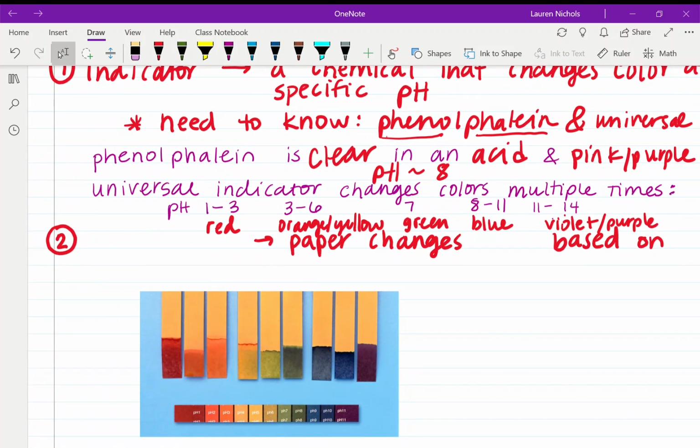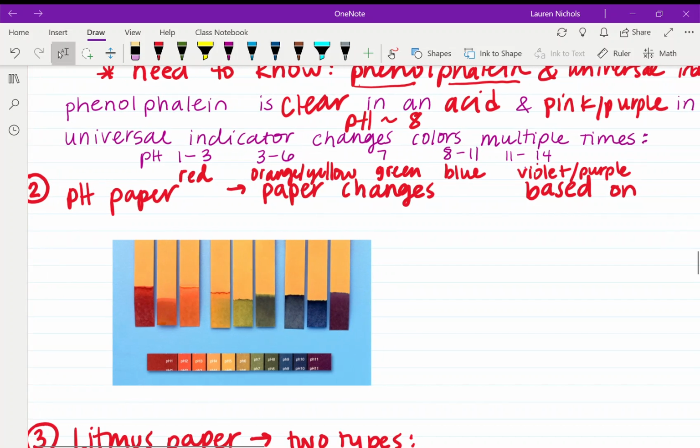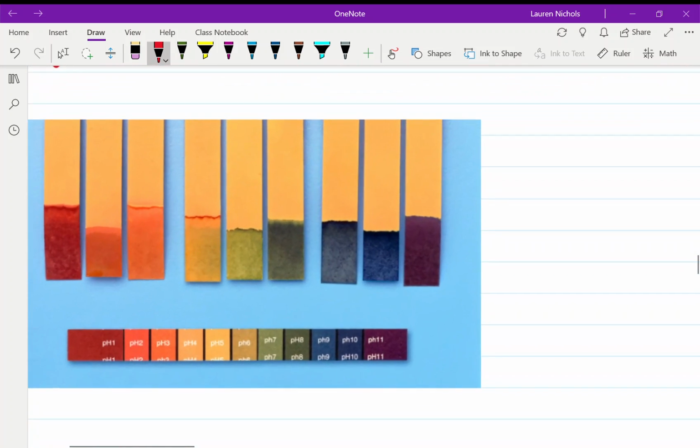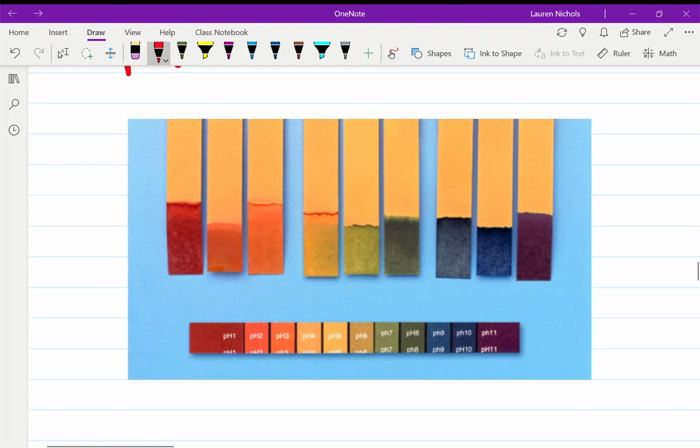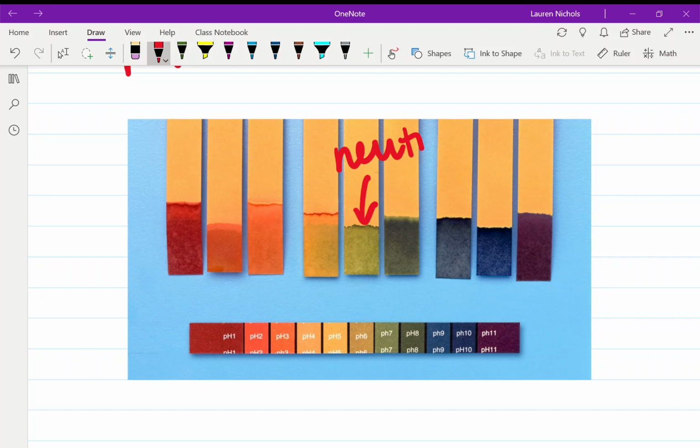Now, pH paper is a second way of doing it. We often use this in high school, and if we were in class, you would 100% be testing a lot of different things with the pH paper in our classroom. But this pH paper changes colors just the way indicators do based on the pH. And so you can see if we zoom in on this picture here that this green is neutral.